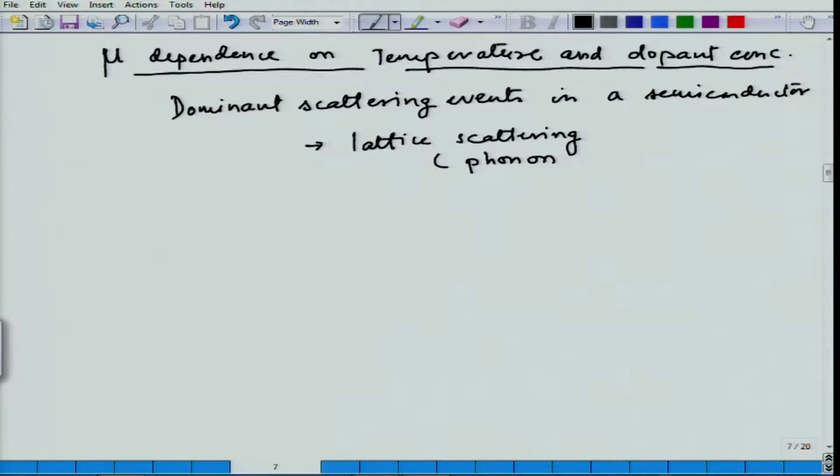So, phonons or the thermal vibrations are the cause for scattering of the carriers when they are moving in an applied electric field. The second one, which is dominant, is ionized impurity scattering.